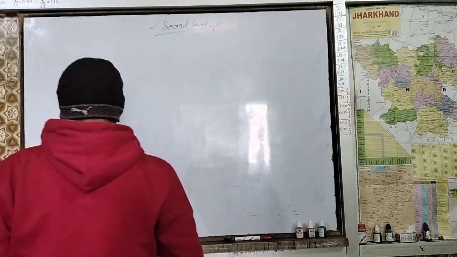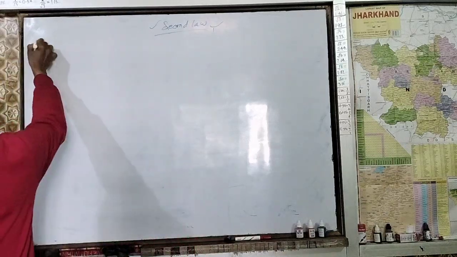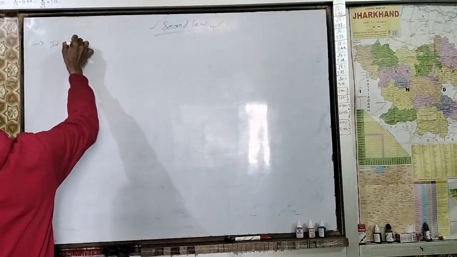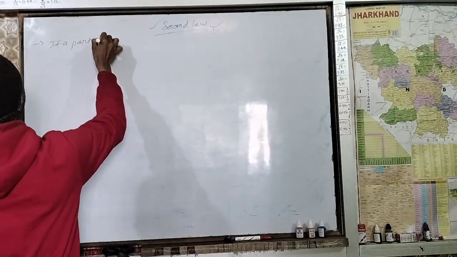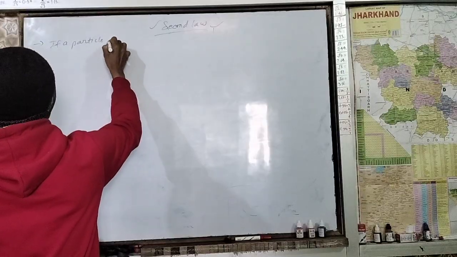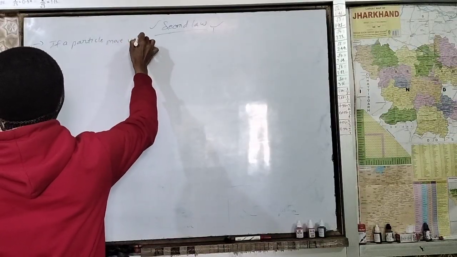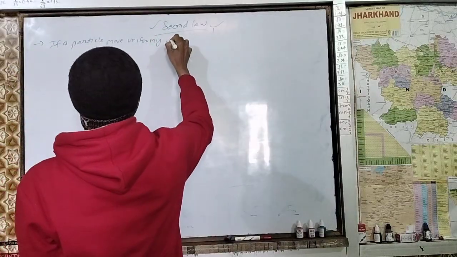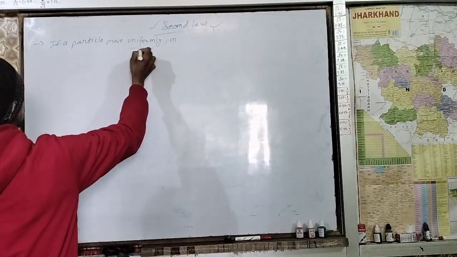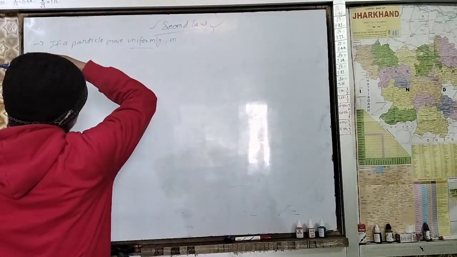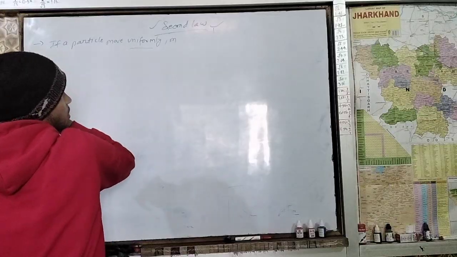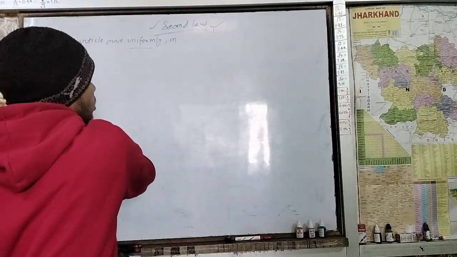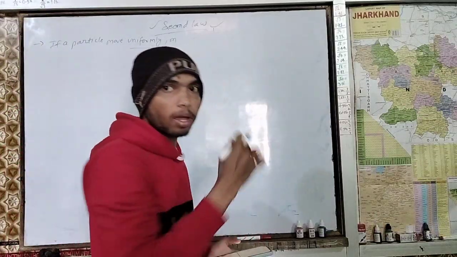Next point: if a particle moves uniformly, it doesn't mean velocity is zero. Velocity is not zero, velocity is constant, with the same magnitude.